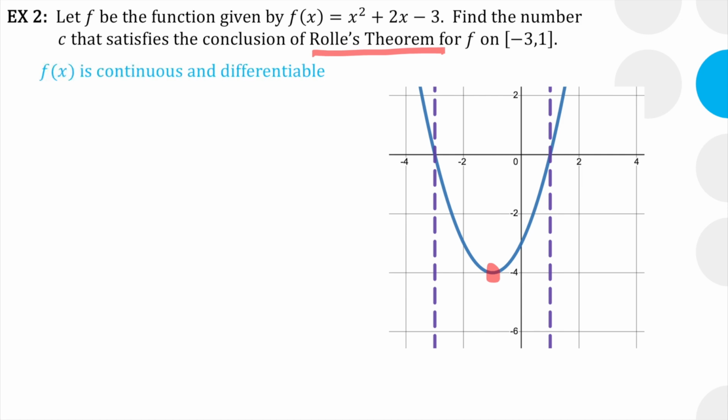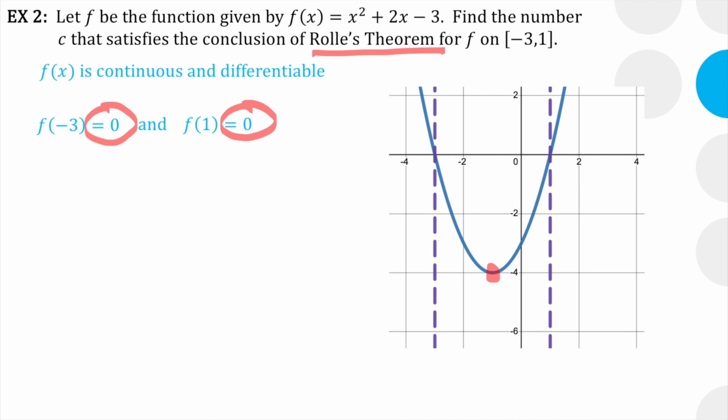First, in order to use Rolle's theorem, we have to say that f of x is continuous and differentiable. Then we need to find our endpoints. So f of negative 3 equals 0 and f of 1 equals 0, it's important that those are the same number. They don't necessarily have to be 0, they just have to match.